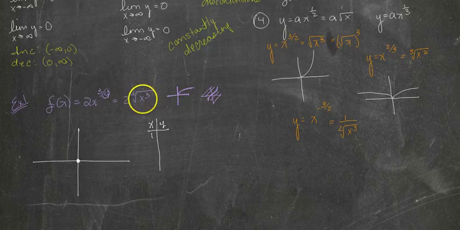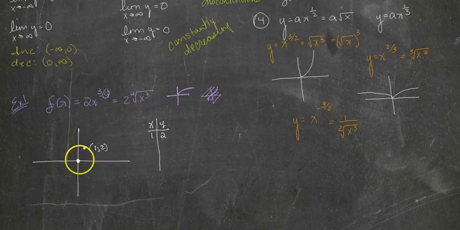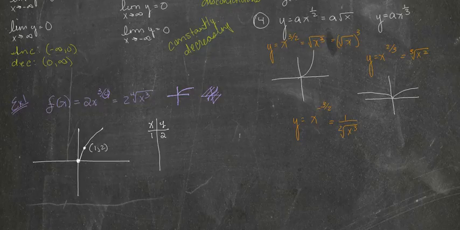The fourth root of 1 is 1 times 2. I'm going to get a 2 out. And so now at 1 and 2, and remember, if you plot the point, you have to label it, then I'm going to get this shape. And as tough as these are to graph, that's actually not as tough as it could be.